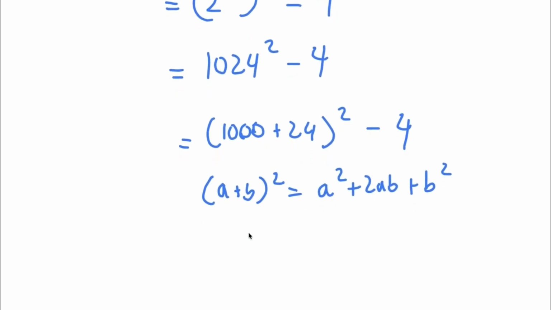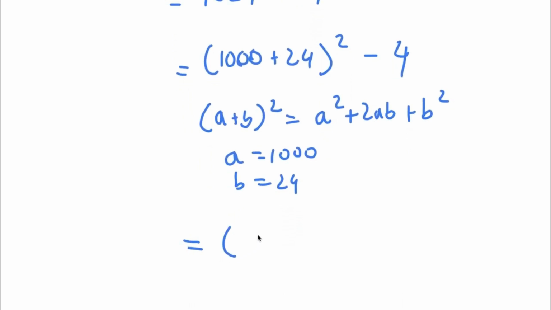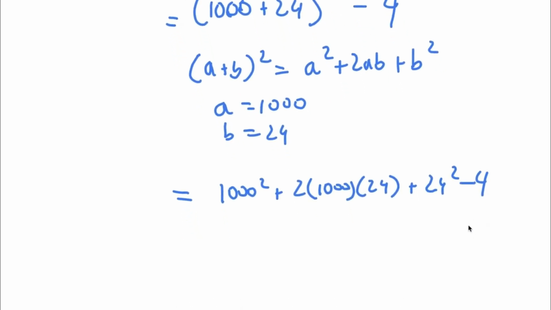So in this case, a is 1000 and b is 24. So this is going to equal 1000 squared plus 2 times 1000 times 24 plus 24 squared. Now I have this minus 4.